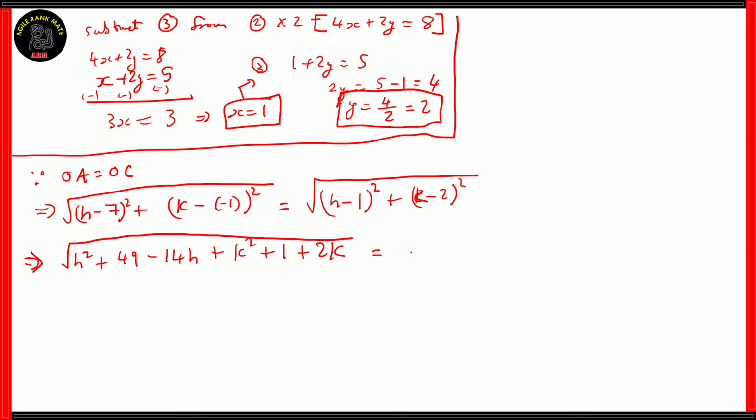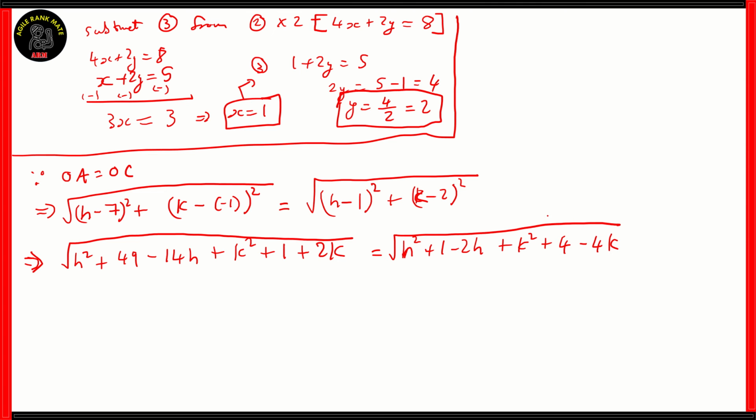And on the right hand side, what we're now getting is (h minus 1) the whole squared. So that will be x squared plus 1 minus 2h plus k squared plus 4 minus 4k.